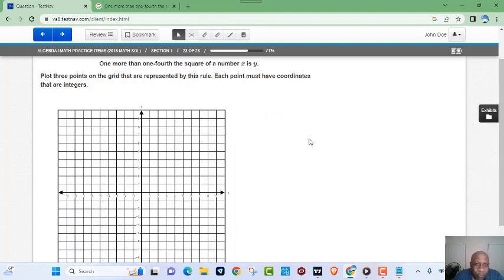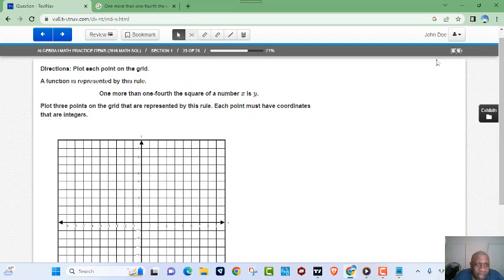Okay, let's take a look at number 23 here. So let's see what it says. Plot each point on the grid. A function is represented by this rule. One more than 1/4 the square of a number x is y. Plot 3 points on the grid that are represented by this rule.